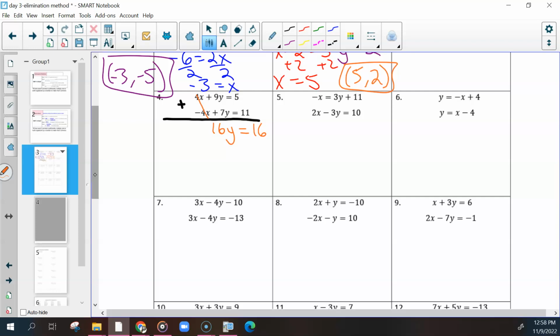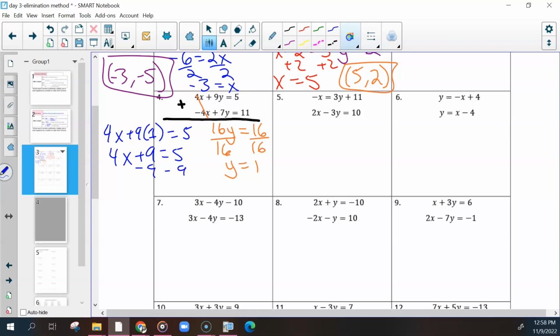So solve for y. And then you can put y into either of the equations given to find x. So if I choose the first one, 4x plus 9 times 1 equals 5, would give us 4x plus 9 equals 5, and then solve for x.